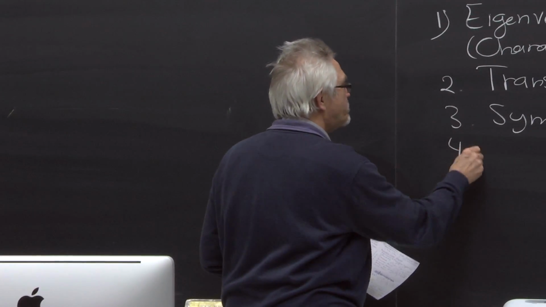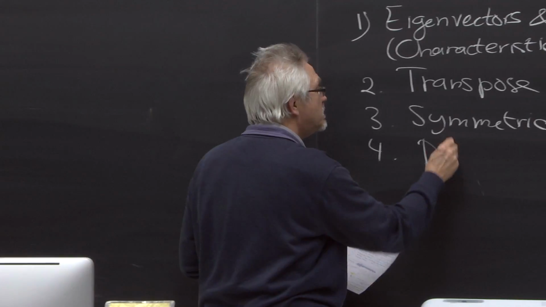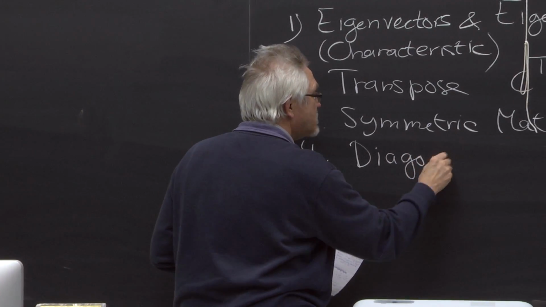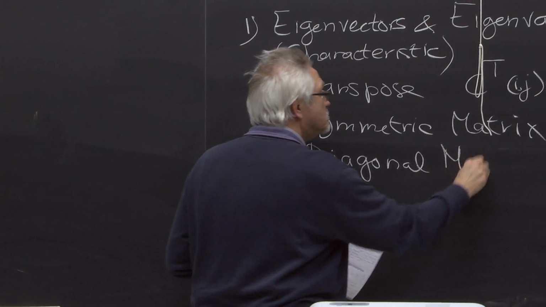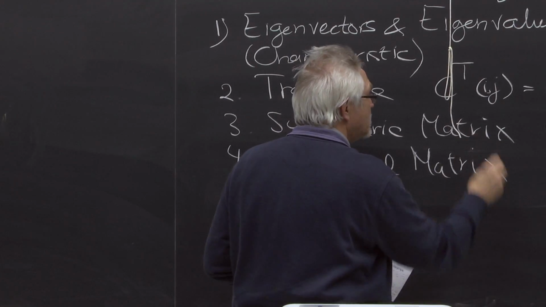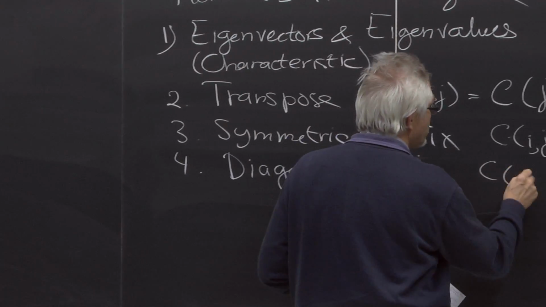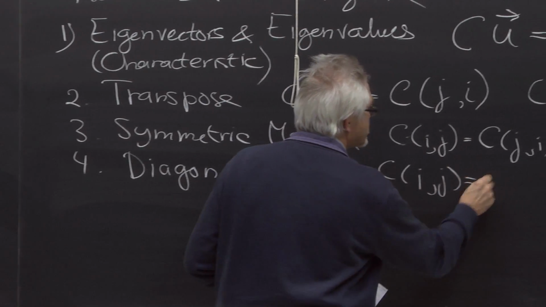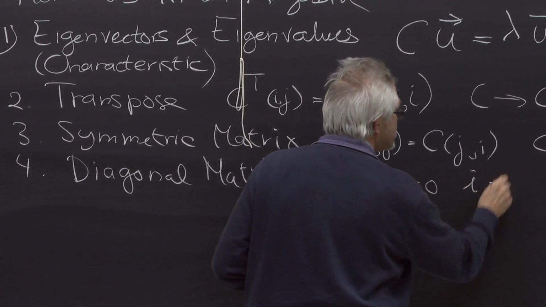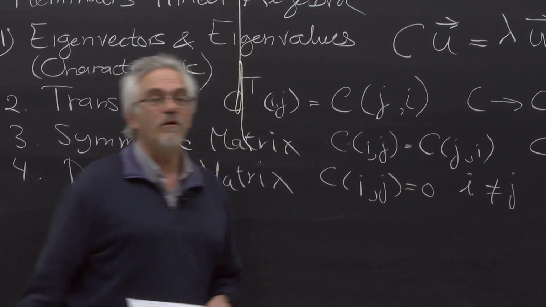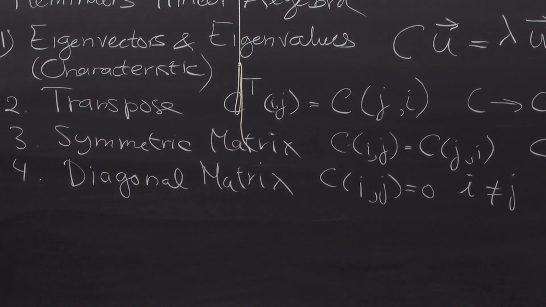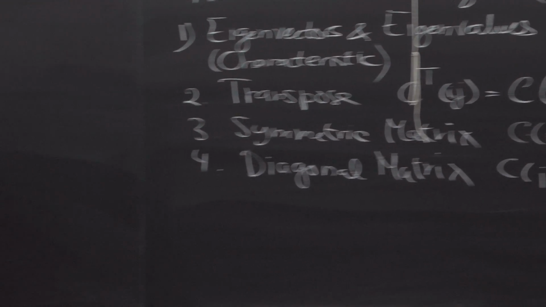Another one that comes up in a little bit is the term diagonal matrix. A diagonal matrix is a matrix where the elements ij are 0 if i is not j. So that means that only values on the diagonal of the matrix are potentially non-zero.